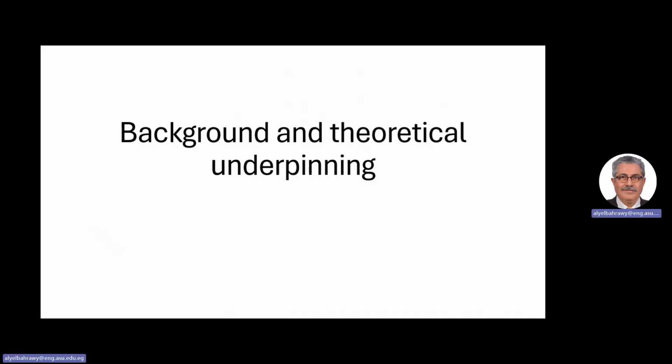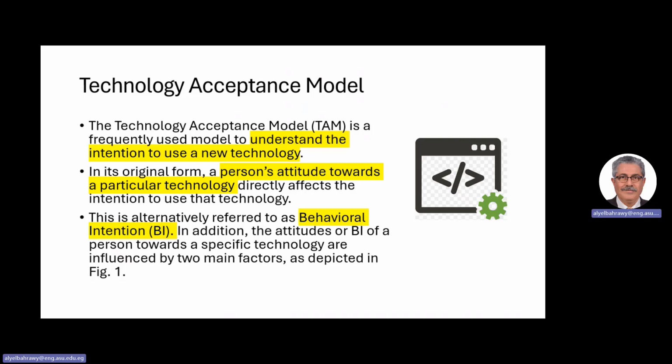For background and theoretical underpinning, we start by saying that the Technology Acceptance Model, or TAM, is a frequently used model to understand the intention to use a new technology.